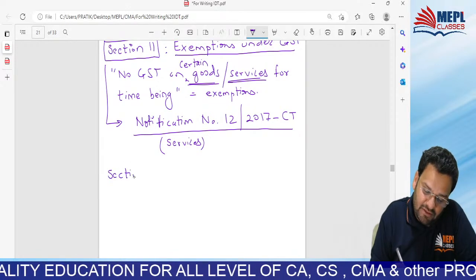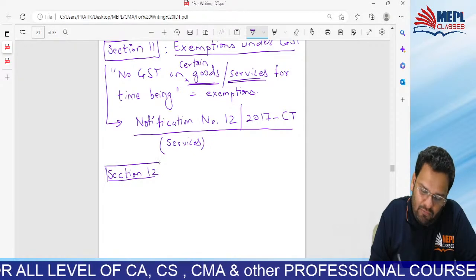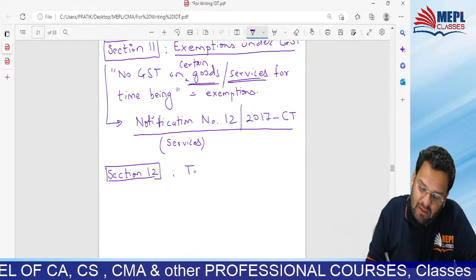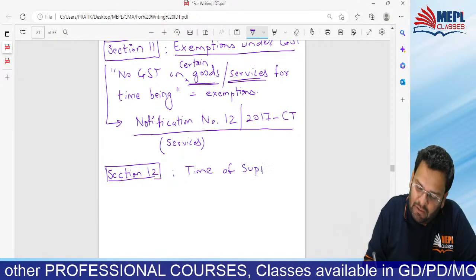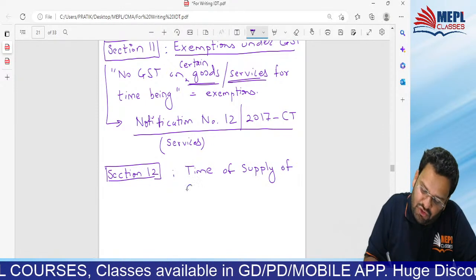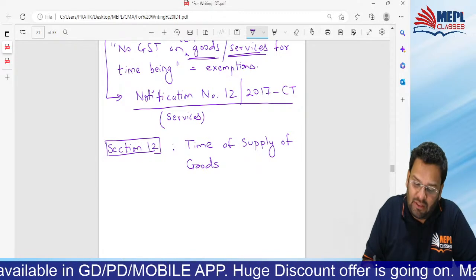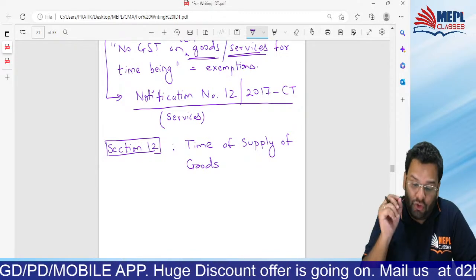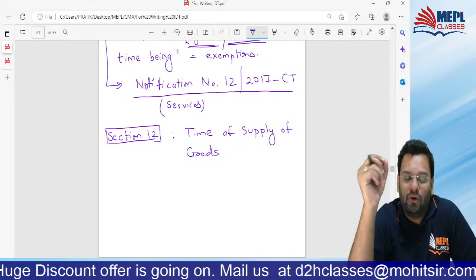Exemptions for services. Section 12. Section 12 is time of supply. What is section 12? It is time of supply of goods. What is the meaning of time of supply?